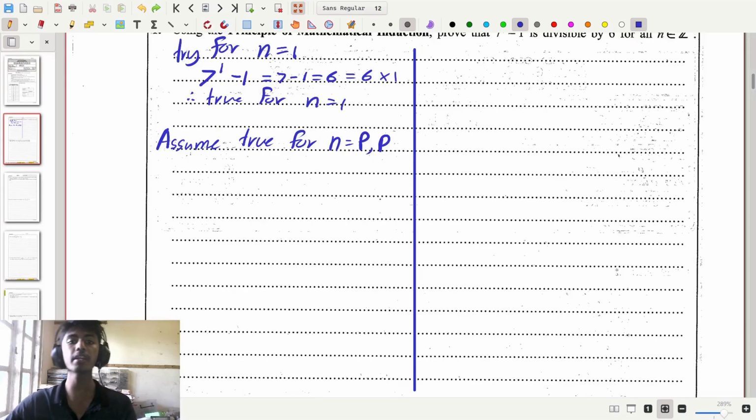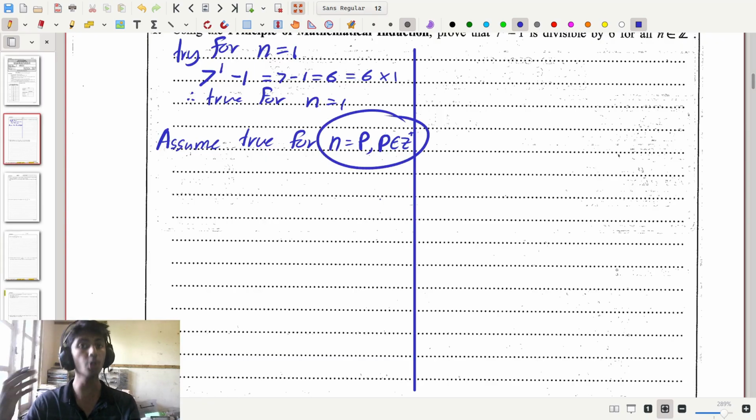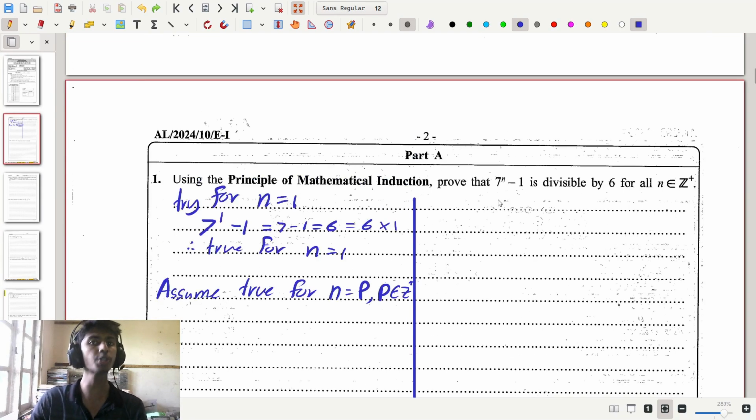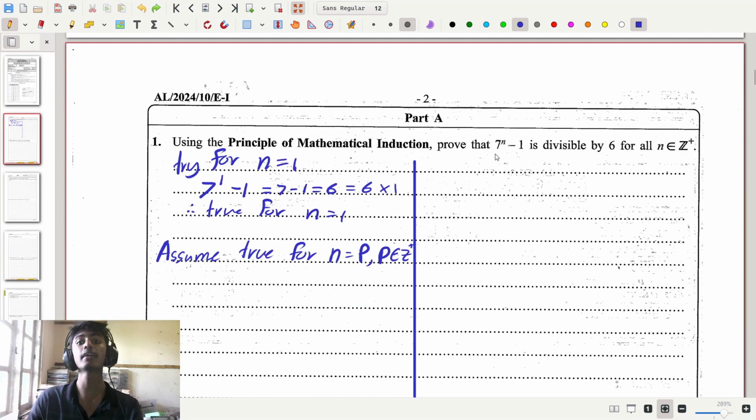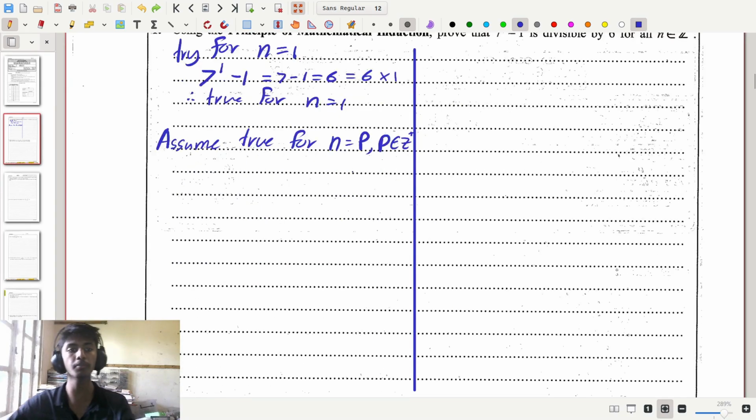So we're going to say p is an element of the positive integers, and we assume it is true for n equals p. What we're assuming is that 7^p minus 1 is divisible by 6.